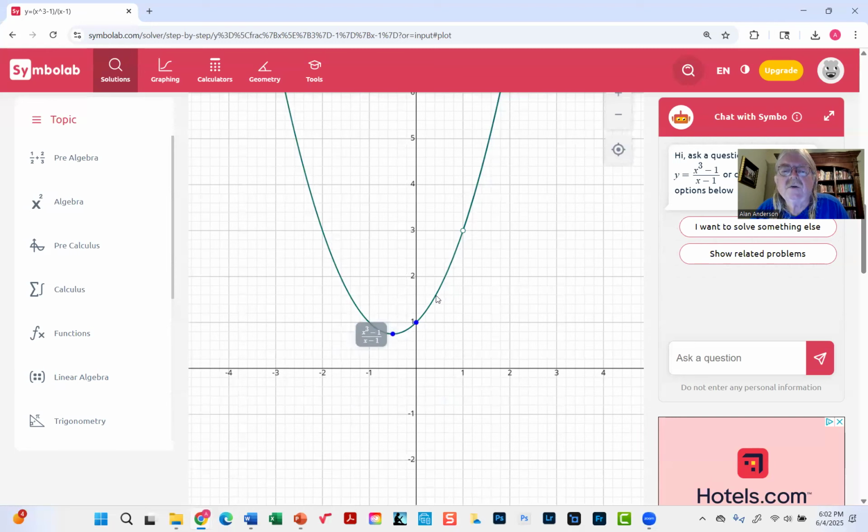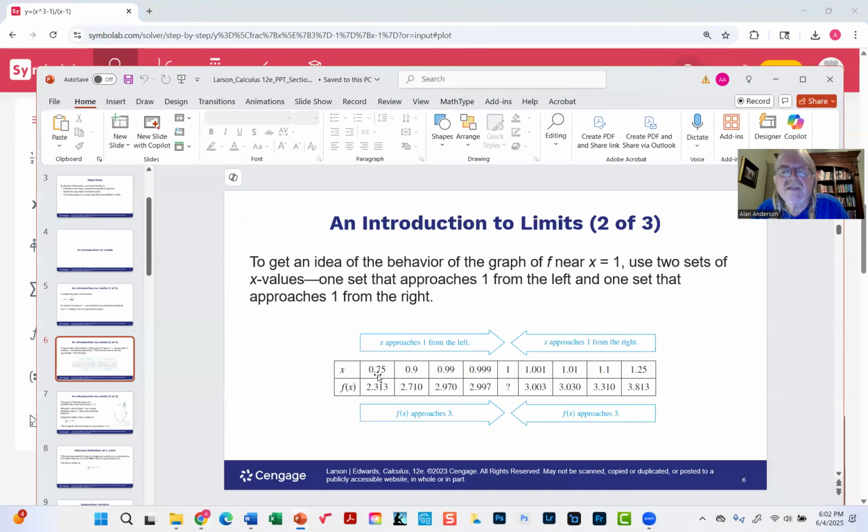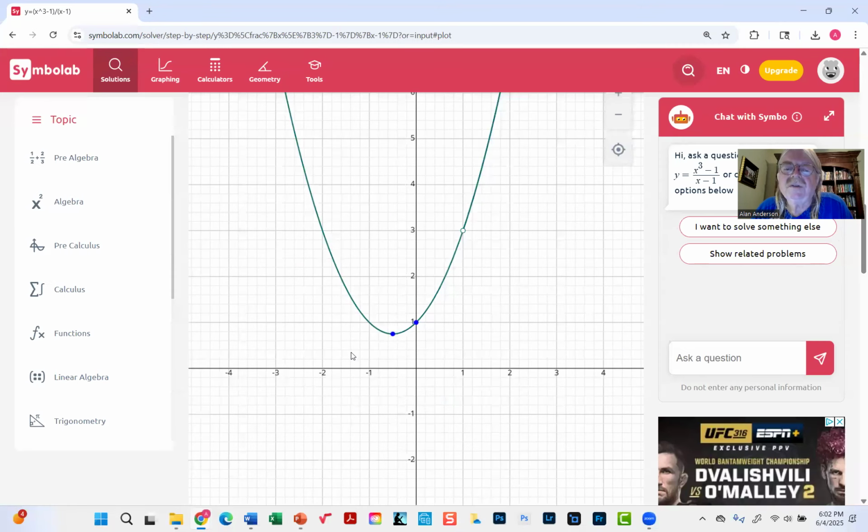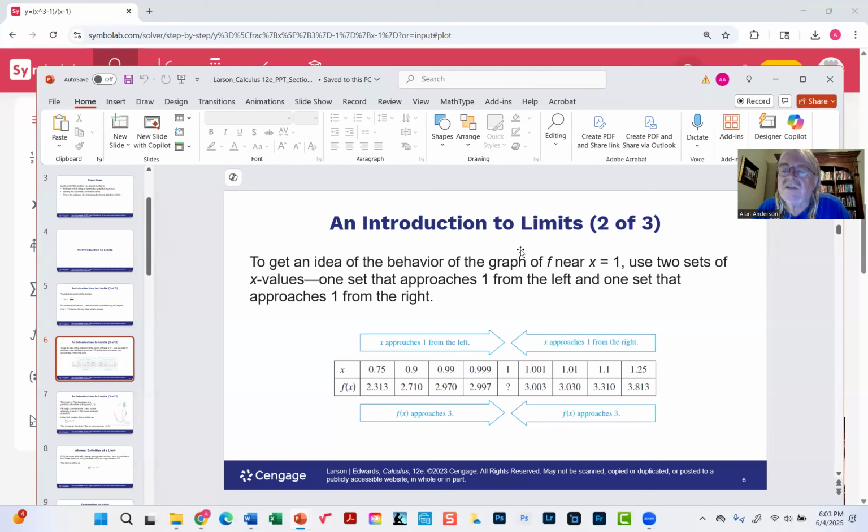As the x's increase, we're getting closer and closer to x equals 1. Here they're trying 0.75, 0.9, 0.99, 0.999. We say that x is approaching 1 from the left, meaning it's moving towards the larger numbers. We get very, very close to 1, but we don't ever actually go to 1 because we know that's undefined.